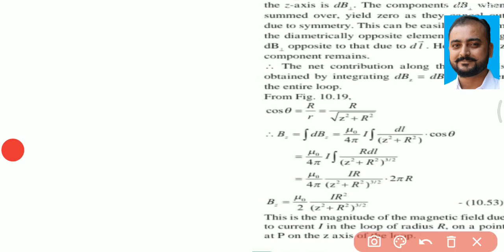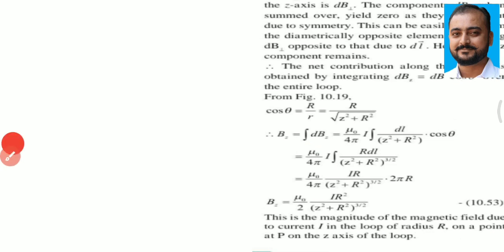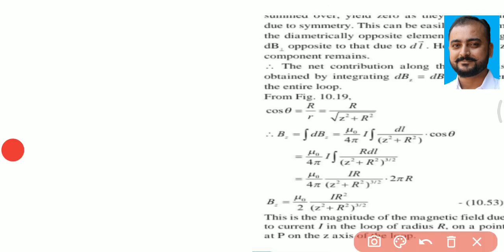Now look here. According to that, Bz is equal to the integration of dBz. Mu 0 upon 4 pi remains as it is because we have a formula. dBz is dB cos theta, so dBz can be written as dB cos theta.